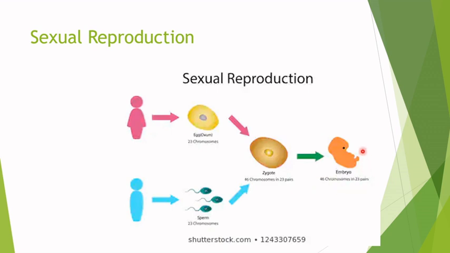All right. Now, in animals, we're going to have separate sexes, the male and the female. In the male, the gonads are going to be the testicles, and the gamete is going to be the sperm, whilst in the female, the gonads are going to be the ovaries, and the gamete is going to be the ovum.